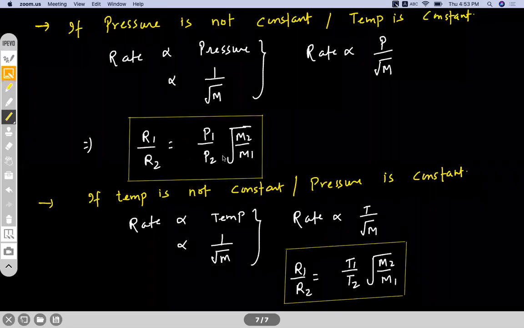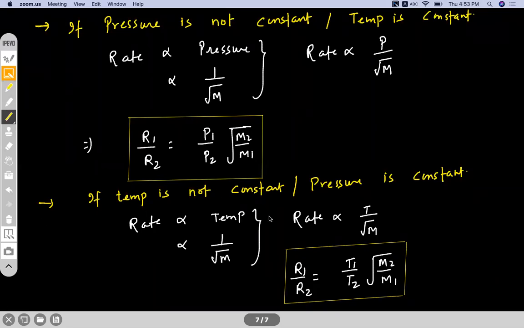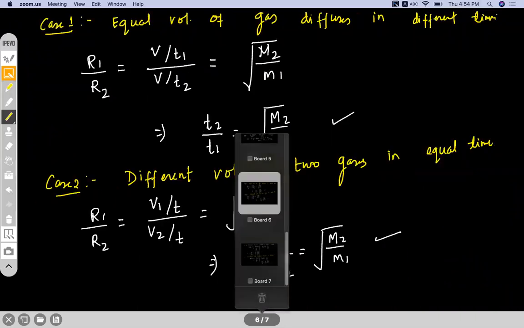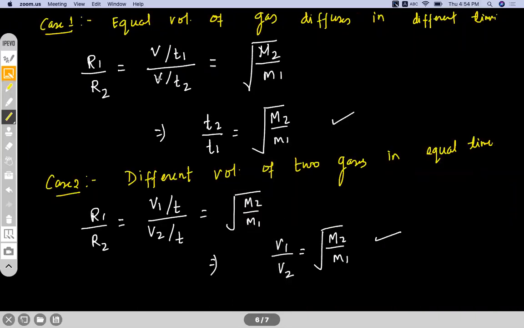Okay, now we'll see some questions based on this. These two formulas we rarely use. Mostly they won't give pressure and temperature as variables. Mostly they'll give these two as constant. So the formula that we have already discussed before this is more important here. This formula is required.